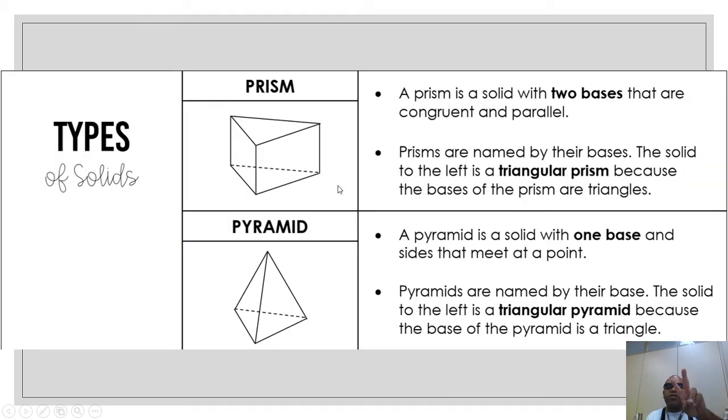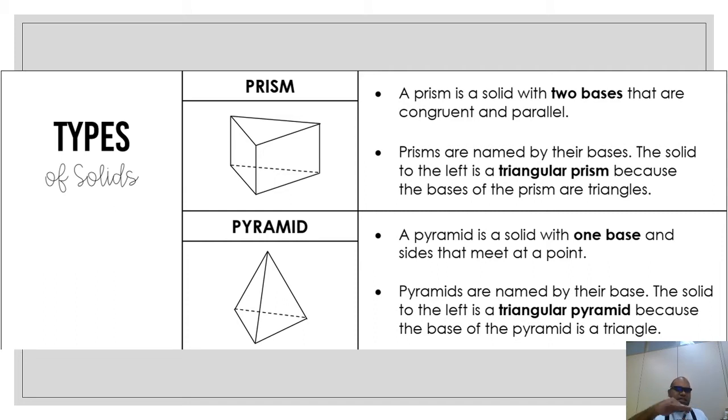And we have two types of solids we are working with right now. We will have more, but let me talk about two. We have the prism, and what is the prism? A prism is a solid with two bases that are congruent and parallel.